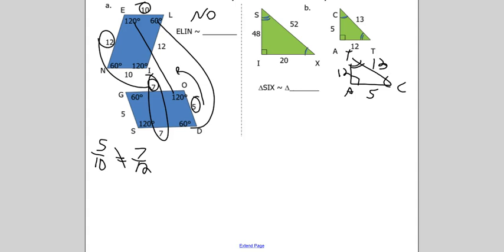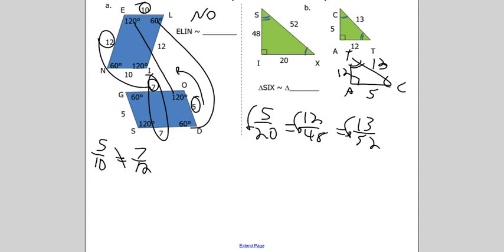So now we're comparing. S and T are the same, X and C are the same, and I and A are the same. So angles are good. Check. Now we have to check 5 is to 20. 12 is to 48. And 13 is to 52. Well, we can turn these all into decimals, or if you see that 5 times 4 is 20, 12 times 4 is 48, and 13 times 4 is 52.